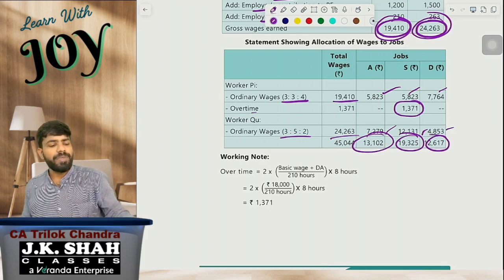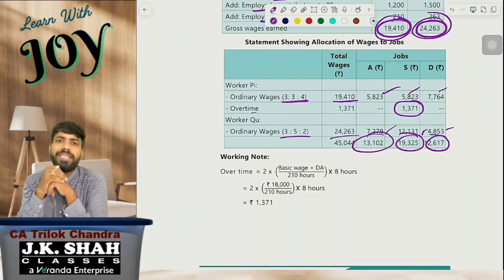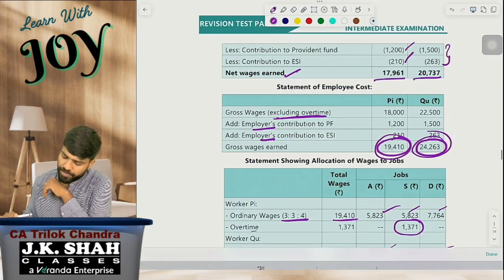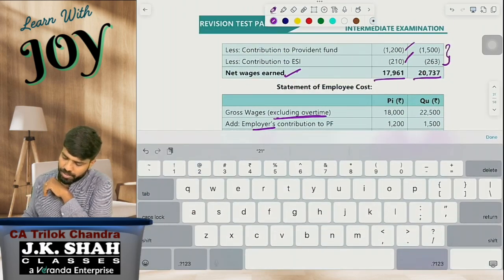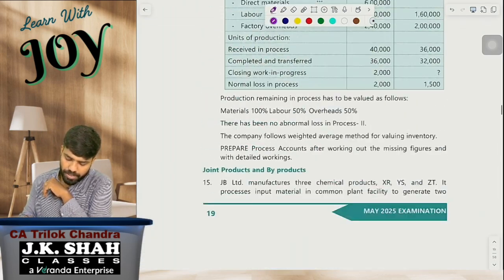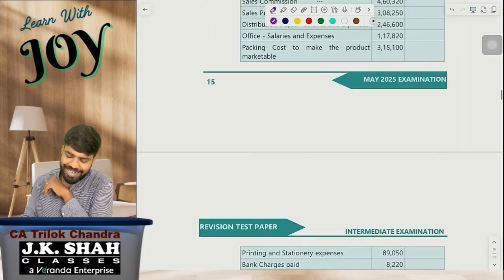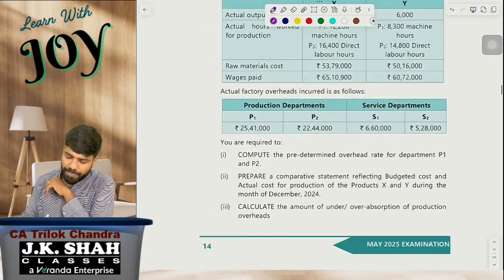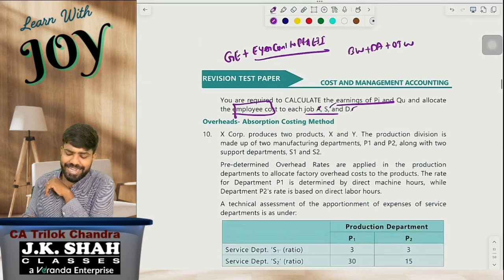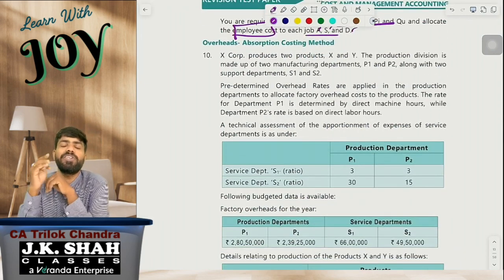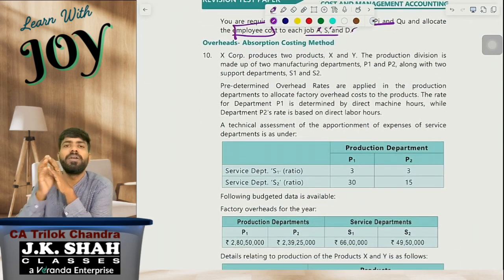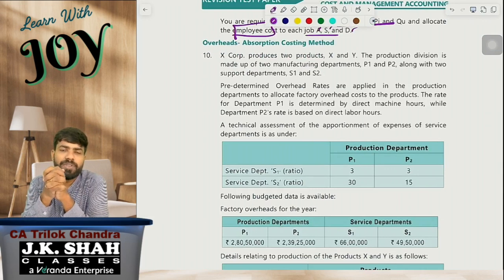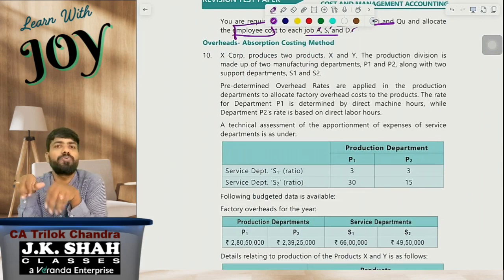Next question is from the overheads. In this question, it's about the entire process of overheads. There is no primary distribution, but there is a secondary distribution, and then absorption and then presentation of the cost of each product.